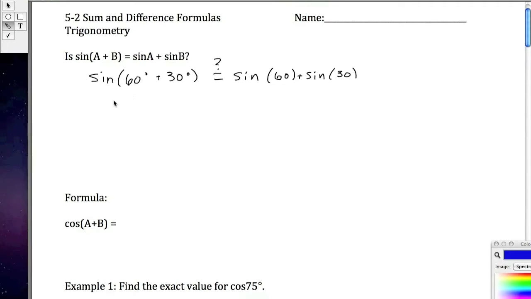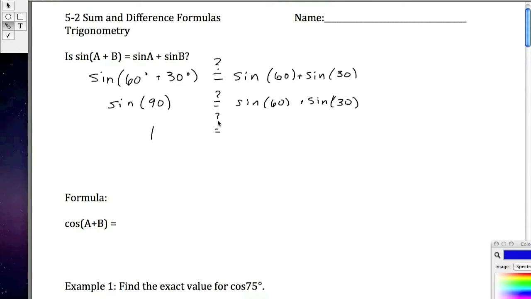So let's look. If we have the sine of 90, which is what 60 plus 30 is, we're asking, is this equal to the sine of 60 plus the sine of 30? Well, the sine of 90, if we use our unit circle, is equal to 1.